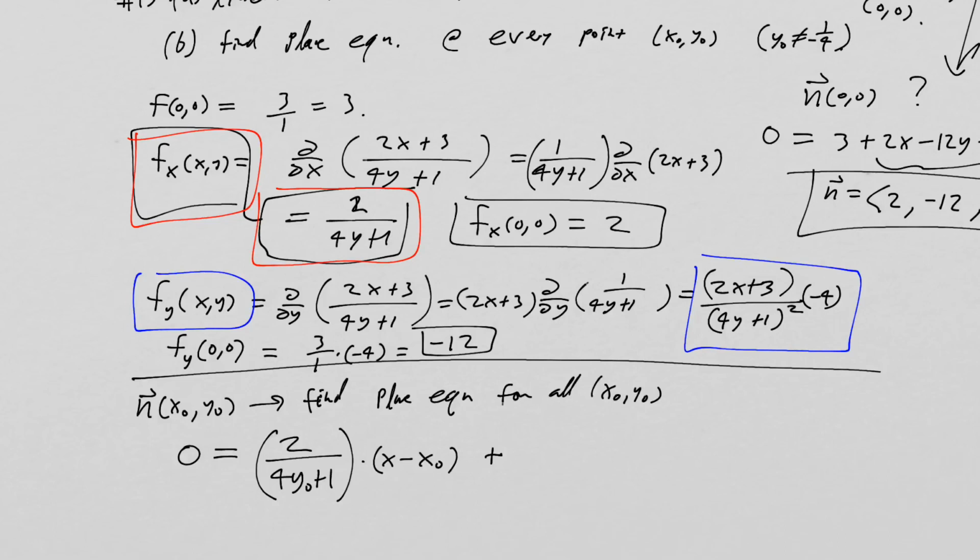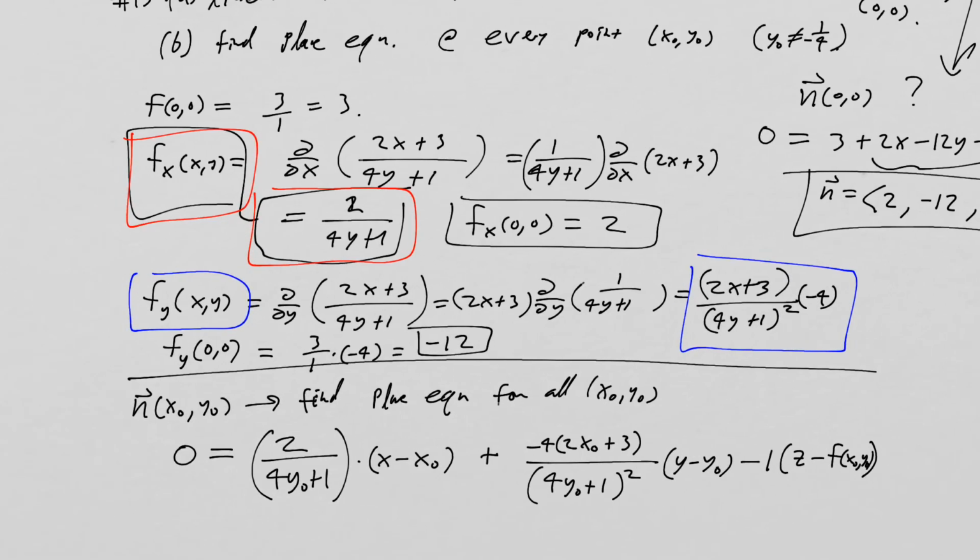Now I have to put that for the slope in the y direction. So that's going to be negative 4 times 2x naught plus 3 all over 4y naught plus 1 quantity squared. And we're going to multiply that by y minus y naught. Okay, and then finally, minus 1 times z minus f of x naught, y naught. Right, so that is the plane equation.